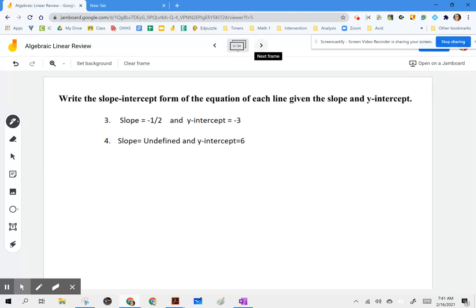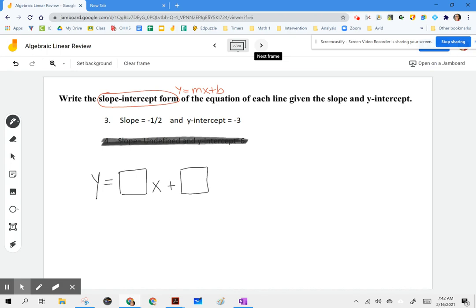Now we are supposed to be writing the slope-intercept form of the equation given the slope and the y-intercept. So pause and work on that. Okay, so in this case, we've got slope-intercept form, which we need to know is y equals mx plus b.